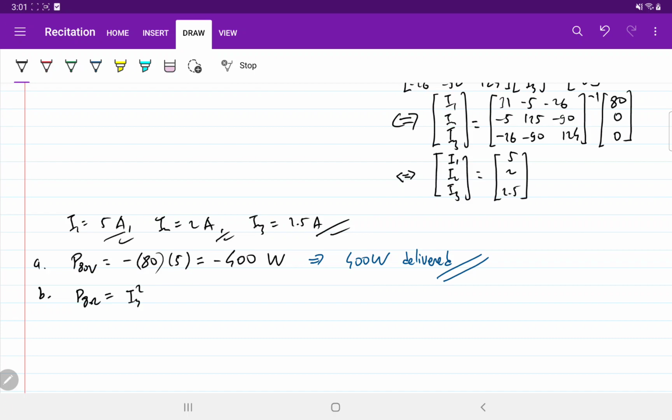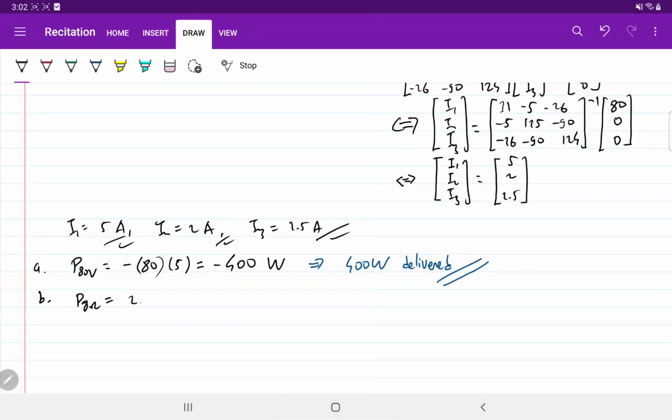I squared R. So we know I3 is 2.5, so 2.5 squared times 8, right? And that is equal to 50 watts. So 50 watts of power is consumed or dissipated.